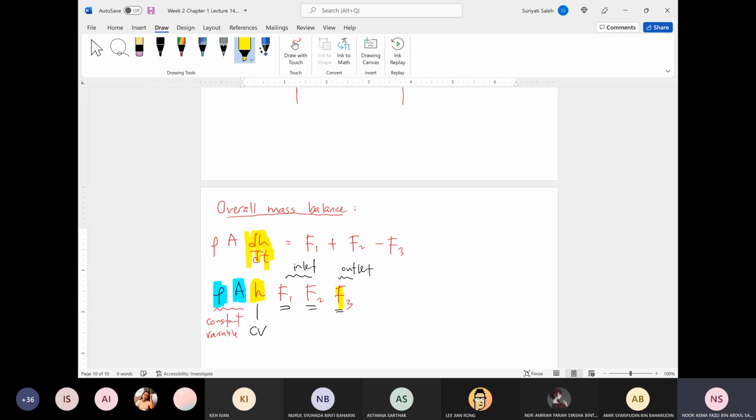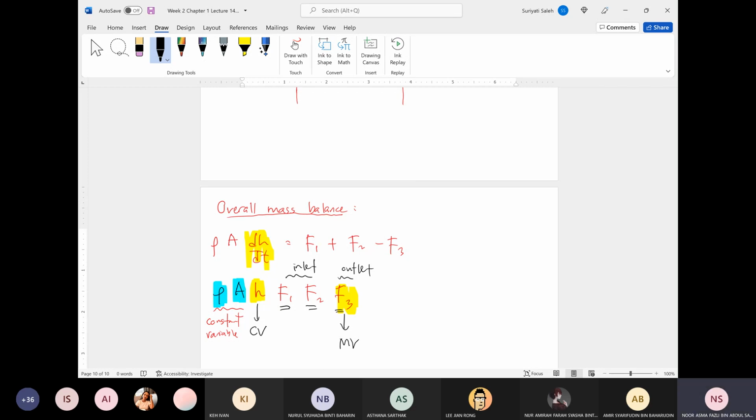So here, this F3 becomes your MV, manipulated variable. That means we want to control the level by adjusting the F3 value. If the level is too high, exceeding the limit, then we increase the F3 flow rate. If the level is too low, then maybe we decrease or close for a while our F3 flow rate.